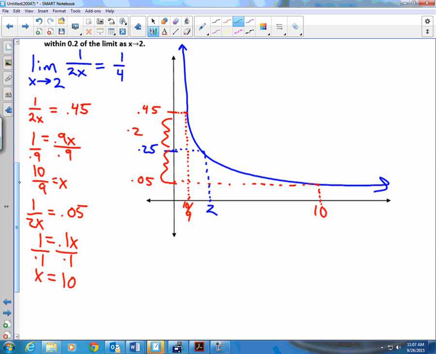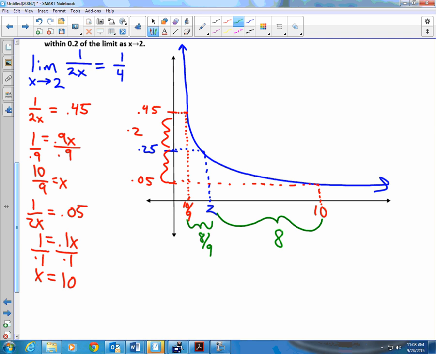Now, this is what's really important, that we choose the appropriate difference between the x values. For example, what's the difference between 10 and 2? 8. What's the difference between 18/9 and 10/9? 8/9.